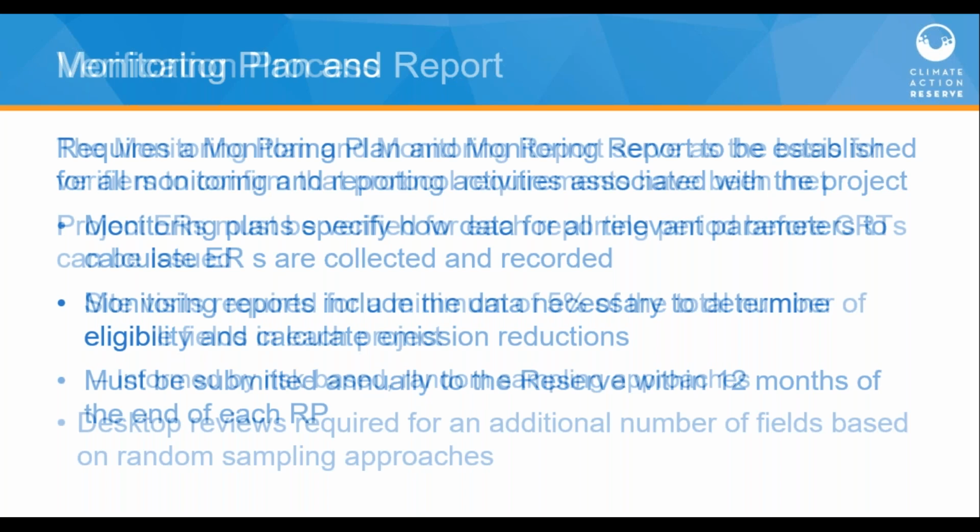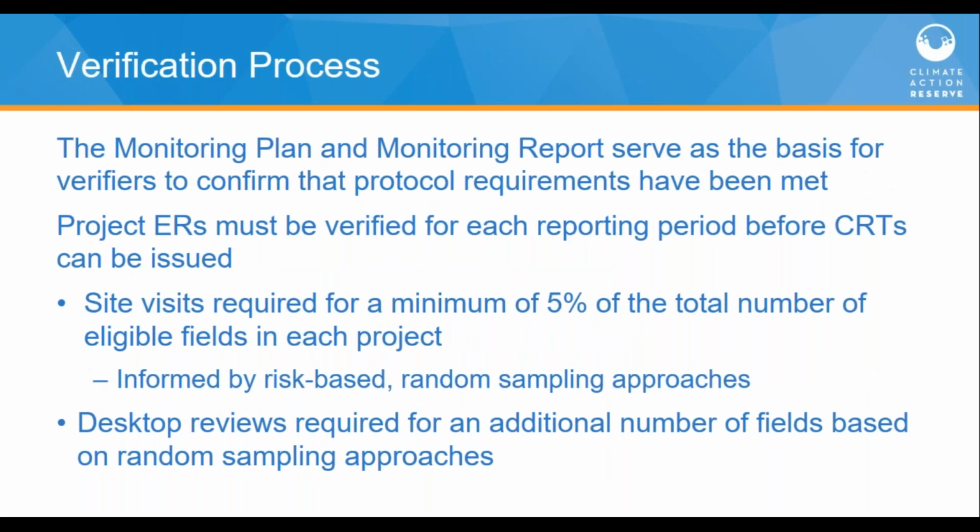What's important with these two is that the monitoring plan and report serve as the basis for verifiers to confirm the protocol requirements have been met. It's essential for project emission reductions to be verified for each reporting period before any credits can be issued. As part of those verification requirements, site visits and desktop reviews are both required.